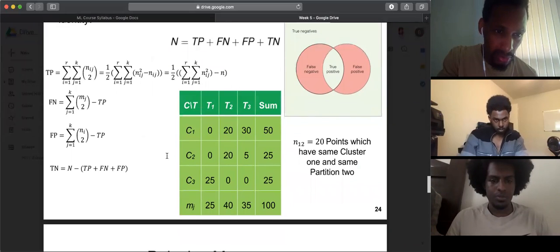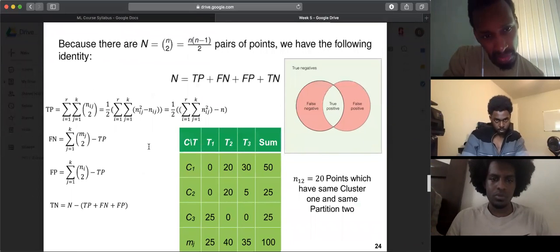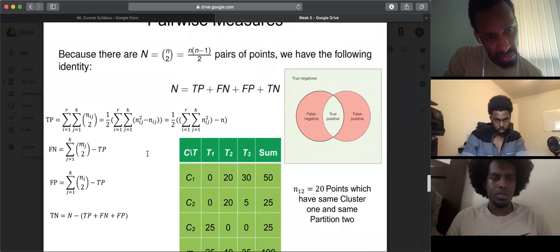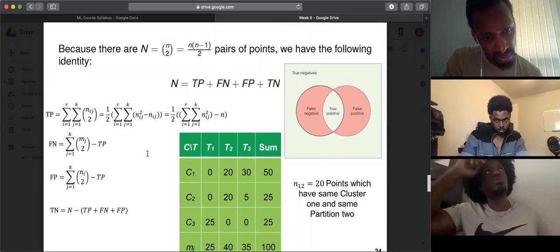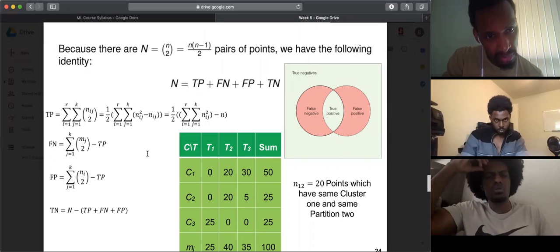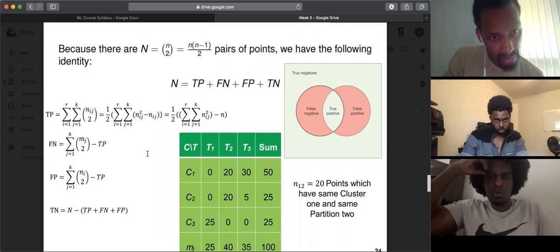Let's see. Because there are n points, this is permutations, right? N choose two. Yeah, I guess so, which is n times n minus 1 over 2 pairs of points. So we have the following identity.